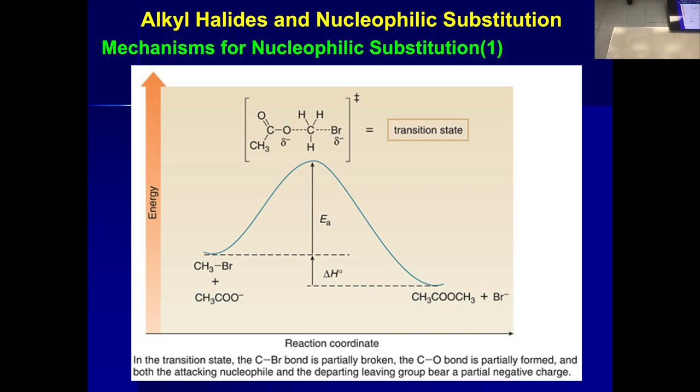So if I have this carbon, let's draw this out kind of like they have it. Something like that, right? So we have a partial negative here, negative here. And this double dagger means the transition state. That's what that means. And they put it in brackets.